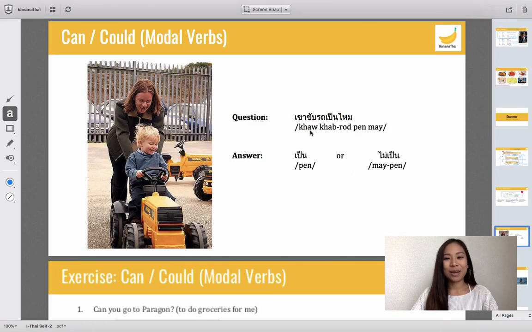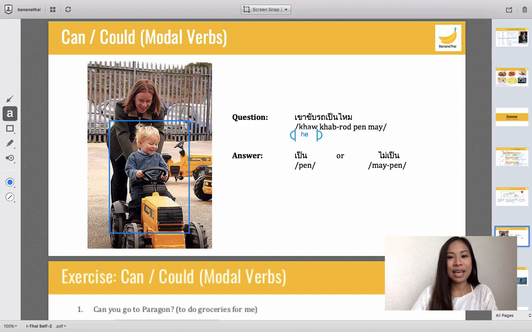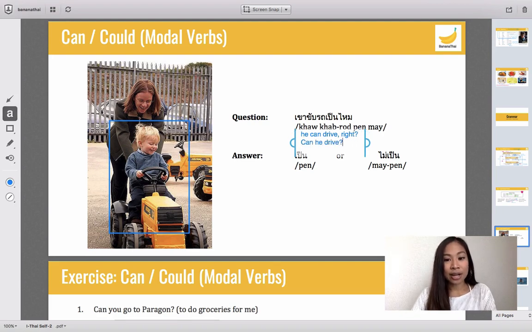More examples: เขาขับรถเป็นไหม. Look, เขา is he or she, but in this case this kid is a he. ขับรถ is to drive, เป็นไหม is 'can' but more like 'know how to'. So can he drive, in terms of skill, does he know how to drive?